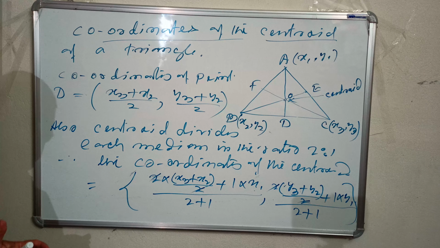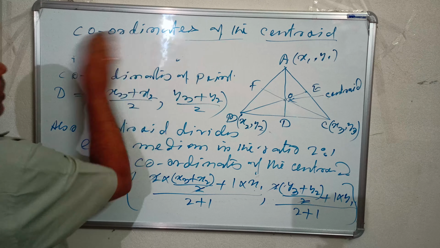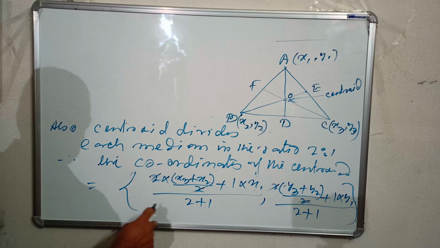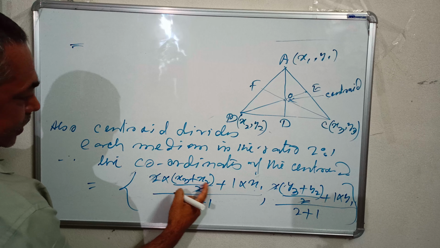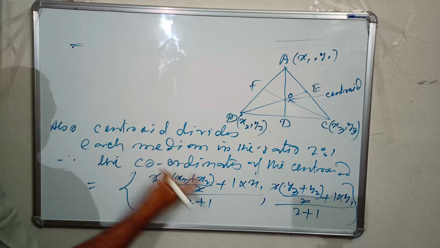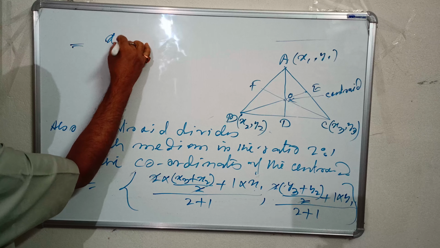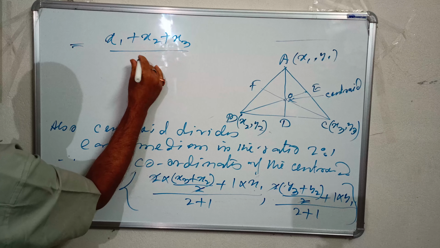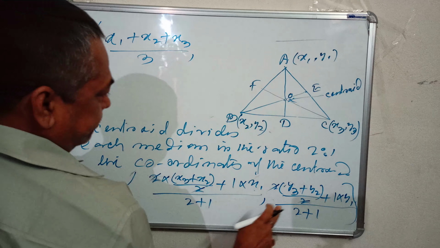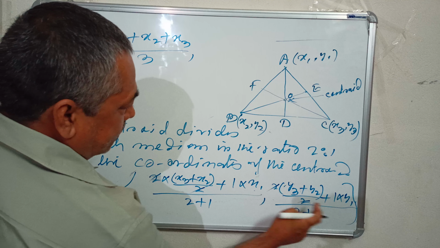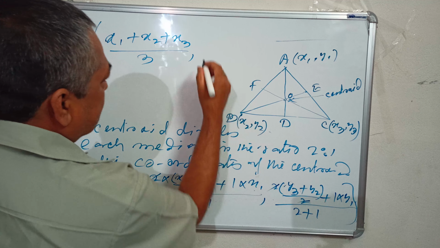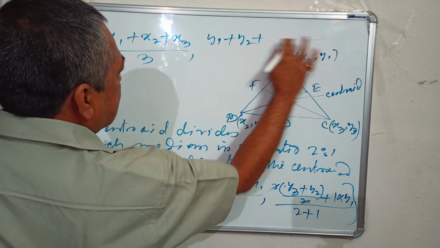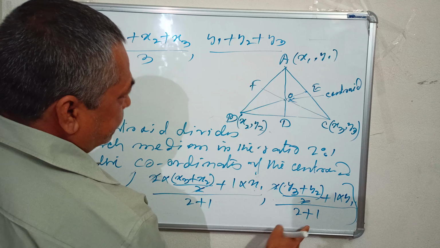So what comes up? x1 plus x2 plus x3 divided by 3, 2 plus 1 is 3, comma, y1 plus y2 plus y3 divided by 2 plus 1, that is 3.